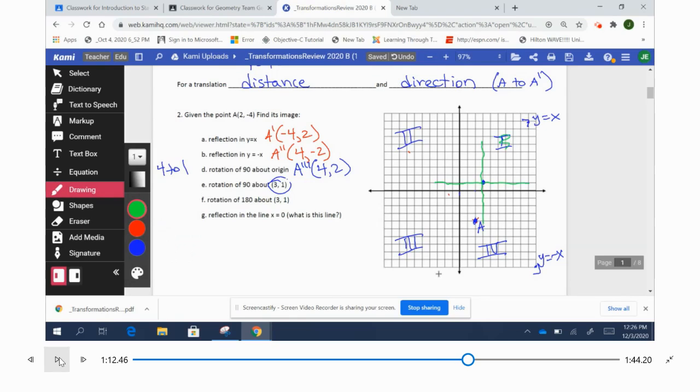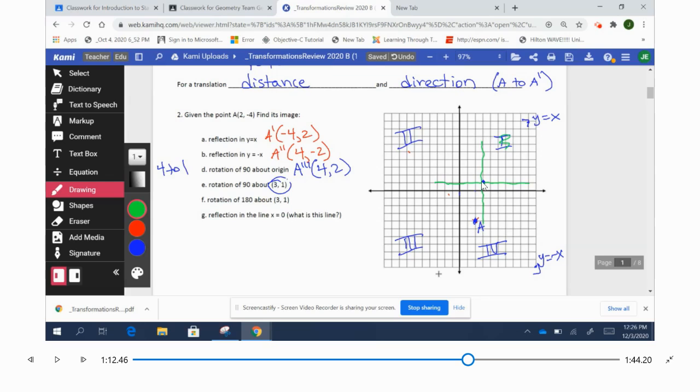Now this is tricky. What I've taught students is there's the point (3, 1). Pretend that's your new origin. Just imagine or think in your brain that that's the new origin. Now, A, relative to that new origin, has a change in y of 5 and a change in x of 1.